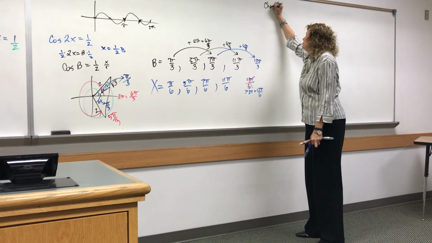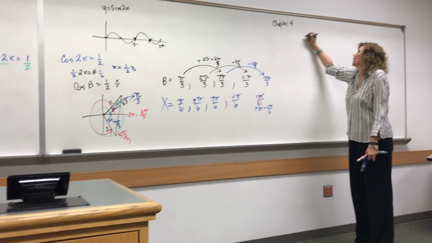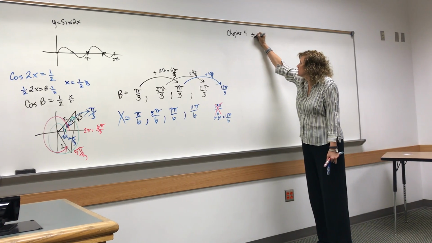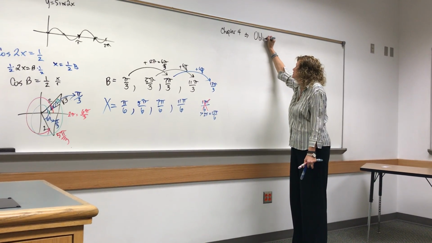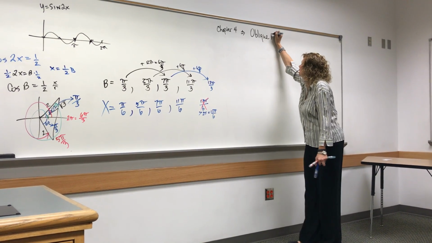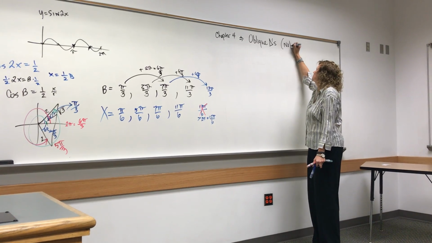Chapter 4. We are going to be working with what we call oblique triangles, which means they're not right triangles.